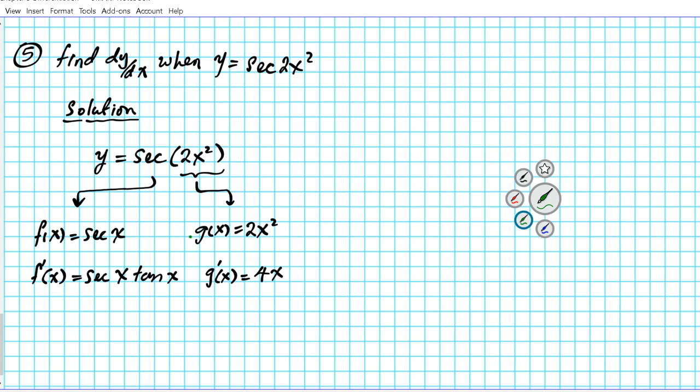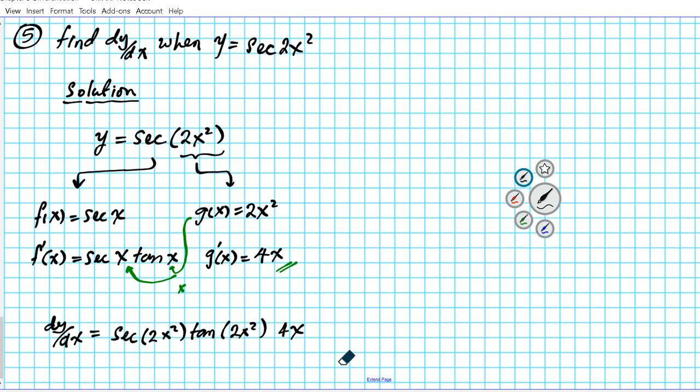Derivative of outer evaluated at the inner, multiplied by the derivative of the inner function. So dy dx is equal to secant 2x squared tan 2x squared times 4x.